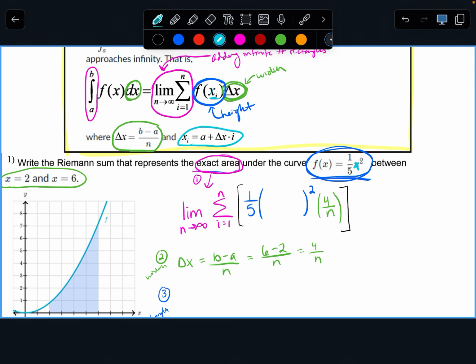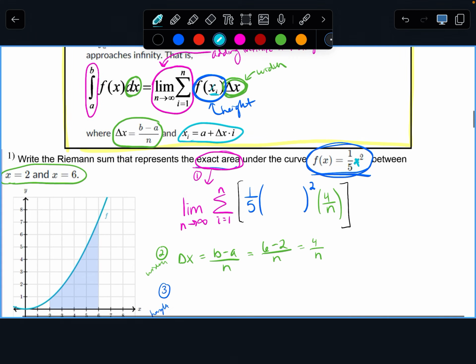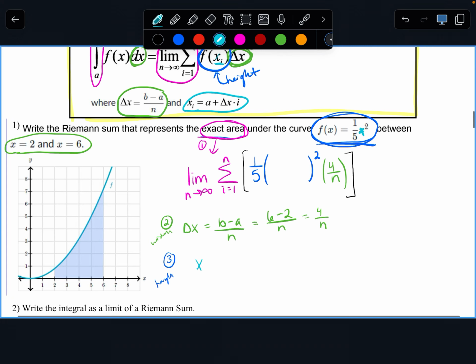So a is where you're starting. For x sub i, it equals a plus change in x times i. So a is 2, because that's where you're starting. I'm not going to plug in x values before 2. That's why I'm starting with 2. And then I'm going to keep plugging in x values after 2 until I get to 6.